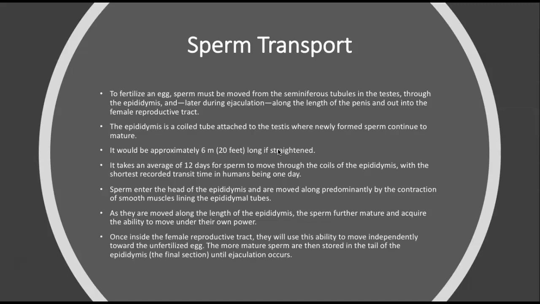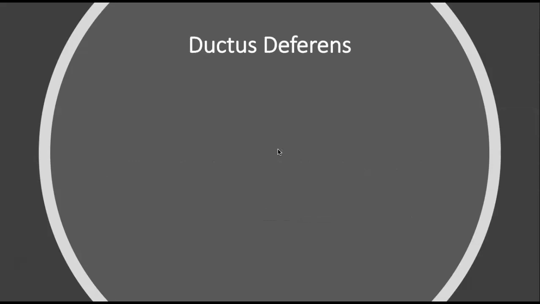Then once ejaculation occurs and they are inside the female reproductive tract, they'll use that ability to move independently toward the unfertilized egg. The more mature sperm are then stored in the tail of the epididymis, the final section, until ejaculation occurs. What we'll see is that tons of sperm are ejaculated, and it's basically a race to the egg, to whatever singular sperm cell reaches the egg cell.